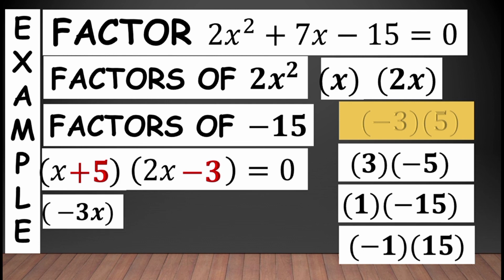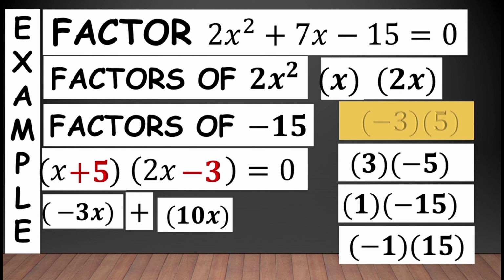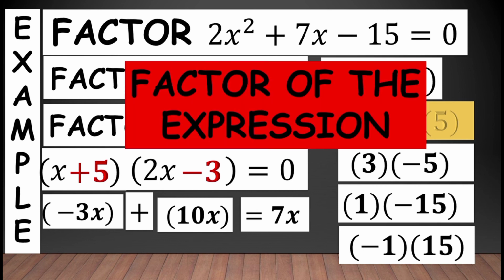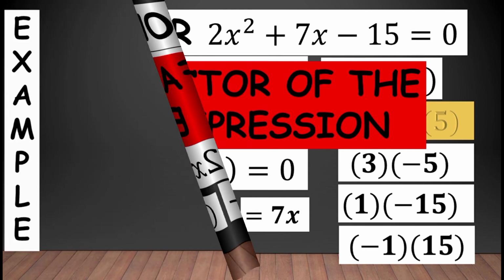Multiplying our inner terms, 5 times 2x, the result is 10x. Get the sum of these two terms. The result is 7x, and 7x satisfies the middle term of our given equation. These are factors of our given expression.